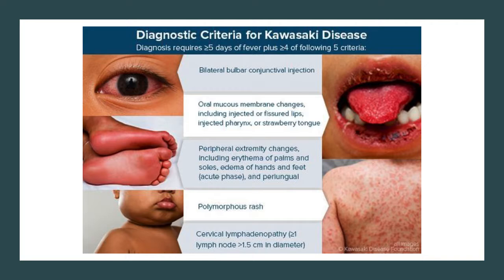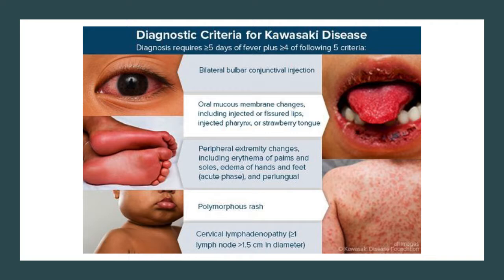The oral mucosal changes, including injected or fissured lips, an injected pharynx, and this strawberry tongue. So if you look at their tongue, it looks like a strawberry. You can almost imagine the seeds on the strawberry with the way that tongue looks, and you can also see how their lips are all fissured.